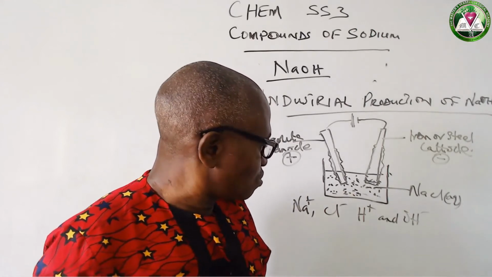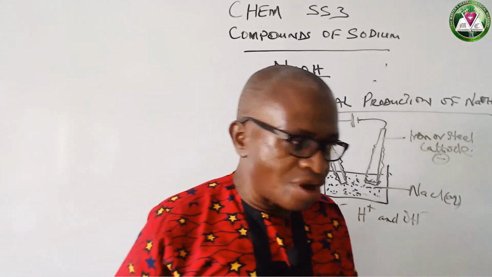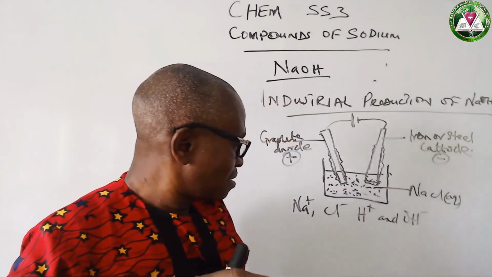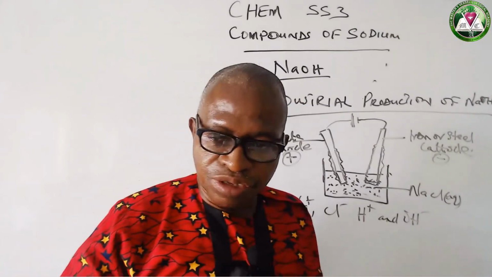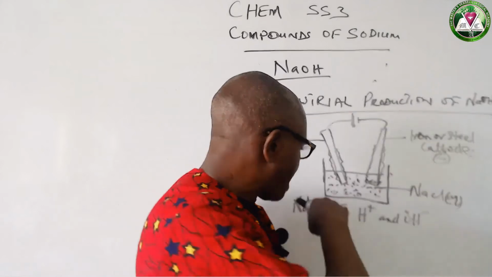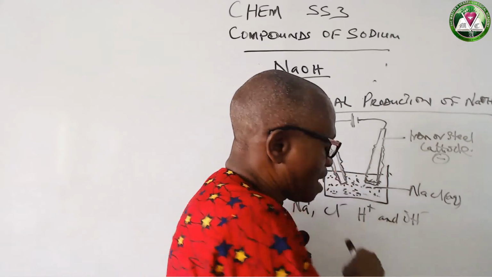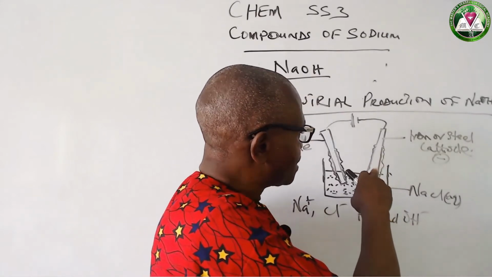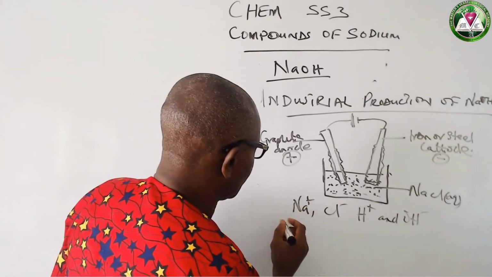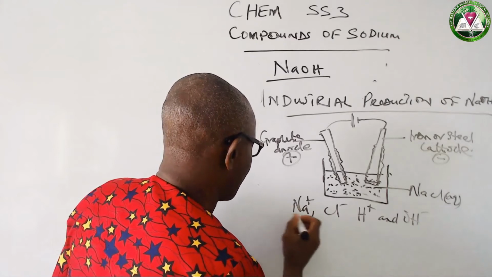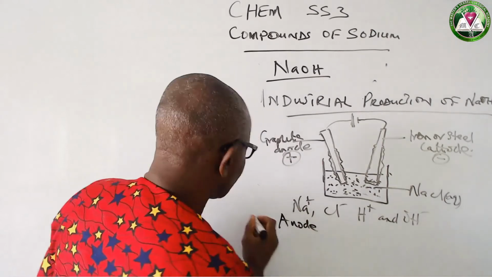Then when you come to the anode, you have chloride ion and hydroxide ion. You discover here that because this is a concentrated solution, and also their placement in the electrochemical series, the chloride ion will be liberated. But let us look at the reaction that occurs at the anode.